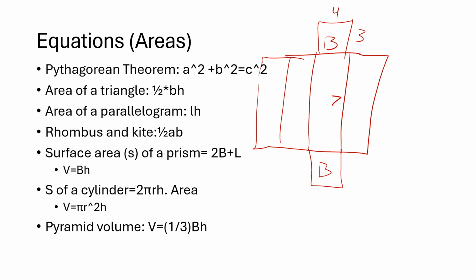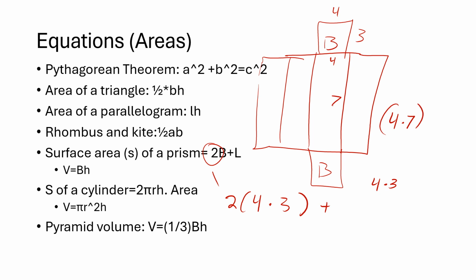Okay. So the reason why this right here says 2B, if we're trying to find the surface area of a prism, is you're trying to find big B. Big B, or base, is just 4 times 3. You multiply it by 2 because you have two bases, right here and here. So 2 times 4 times 3, plus your lateral sides. Your lateral sides are just 4 times 7.